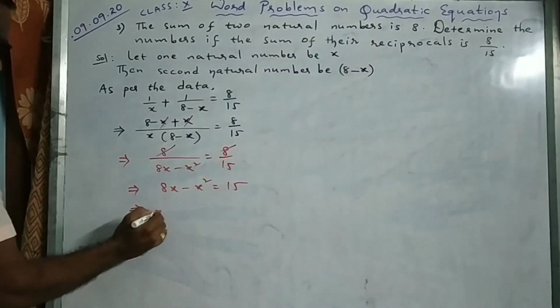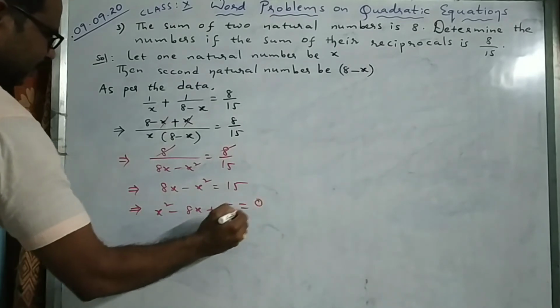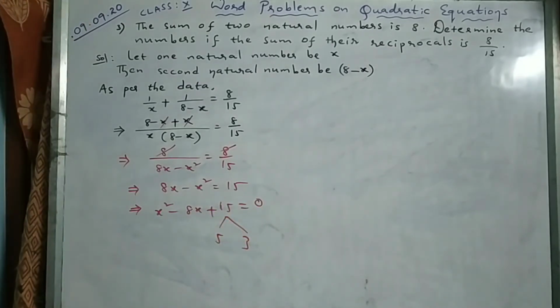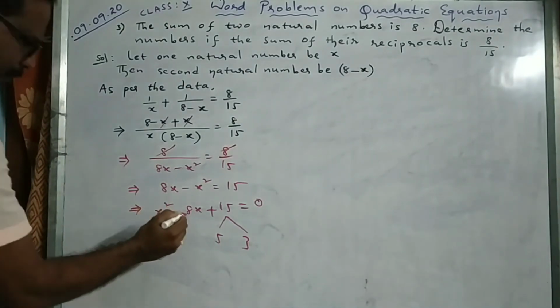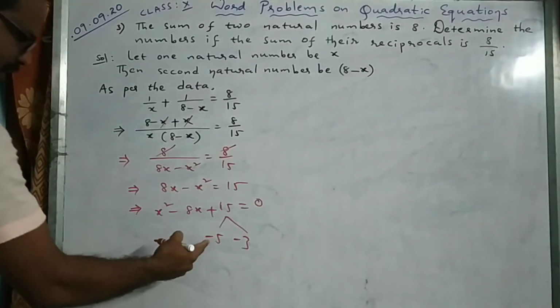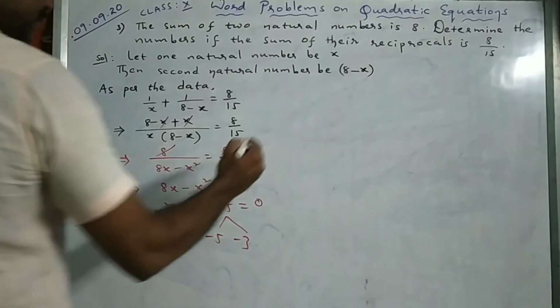Send these two to that side: x square minus 8x plus 15 equal to 0. Can you factorize this? 5 threes are 15. I want minus 8 here, so minus 5 minus 3 is minus 8, and minus 5 into minus 3 is plus 15, right?